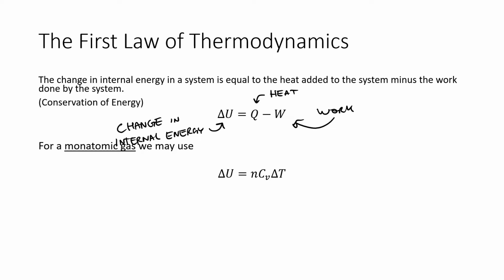This next part, I have to just introduce right here because I didn't derive any of it up to this point. I didn't want to torture you guys through all that. For a monatomic gas, we are talking about ideal gases. There are different types of ideal gases.